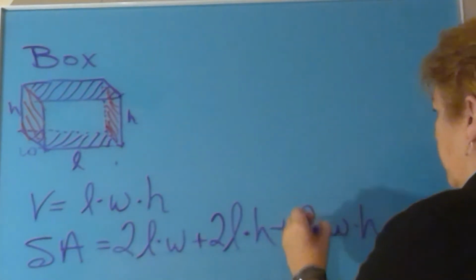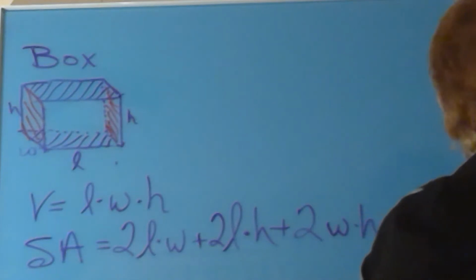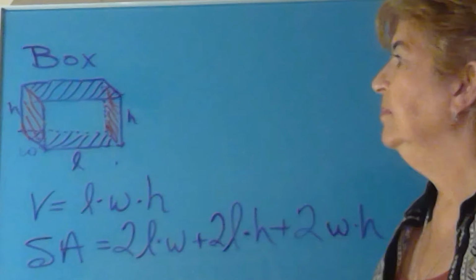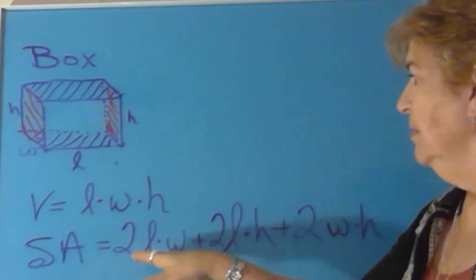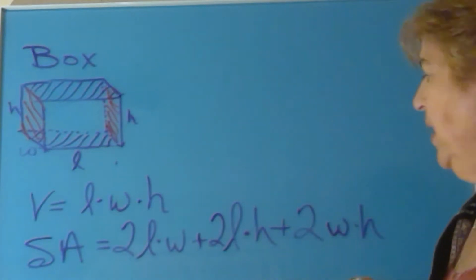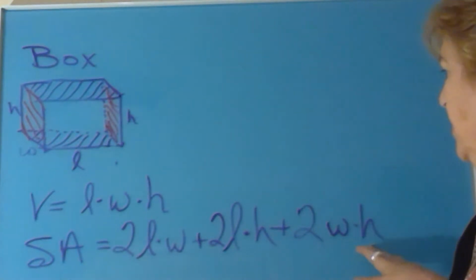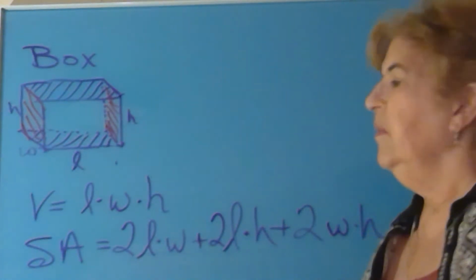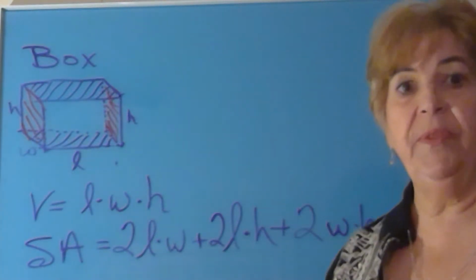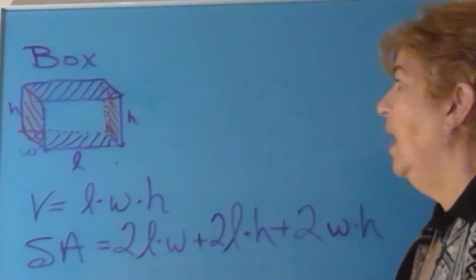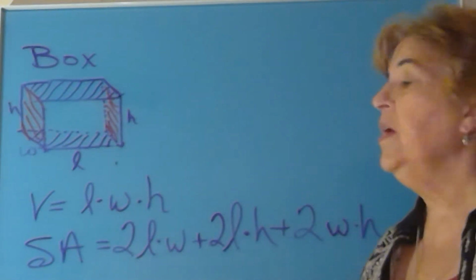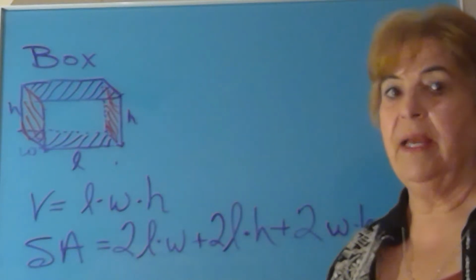So there's 2 of those. So that's how you find the surface area of any box. It's 2 times the length times width, plus 2 times the length times height, plus 2 times the width times the height. There are other formulas that do basically the same thing. But I think this helps you keep track of how many sides you have. Any box has 6 sides.